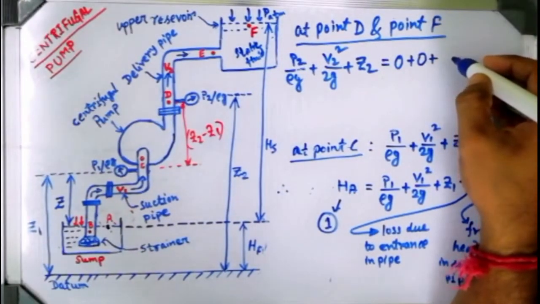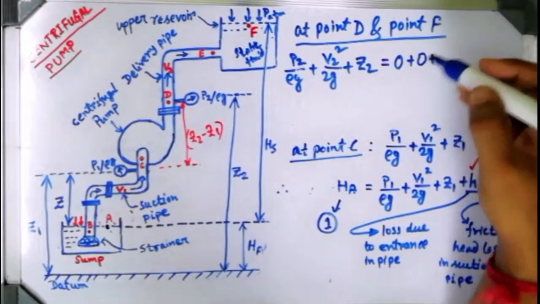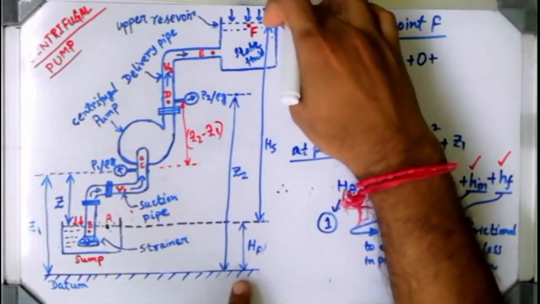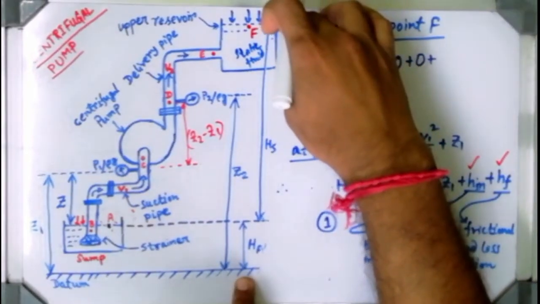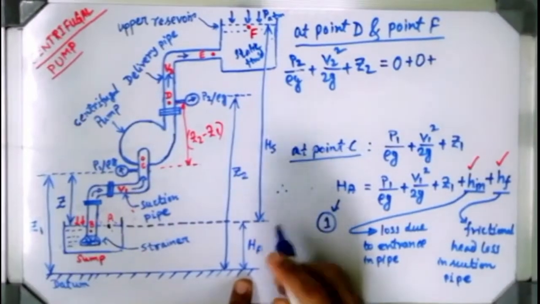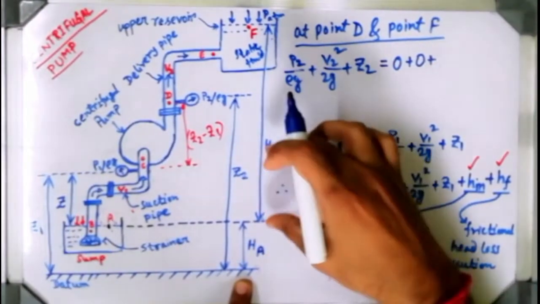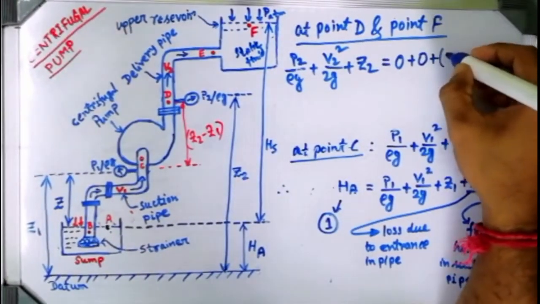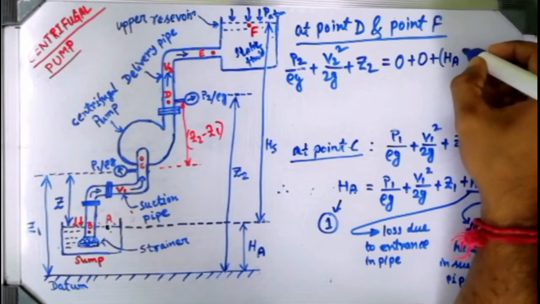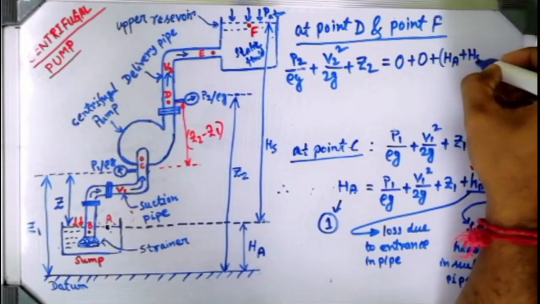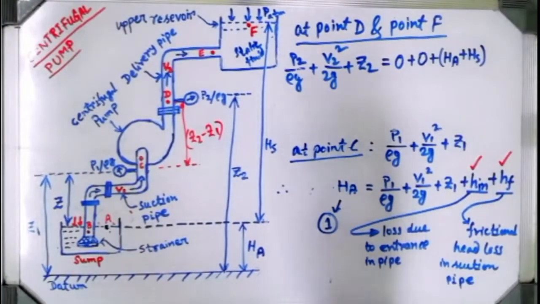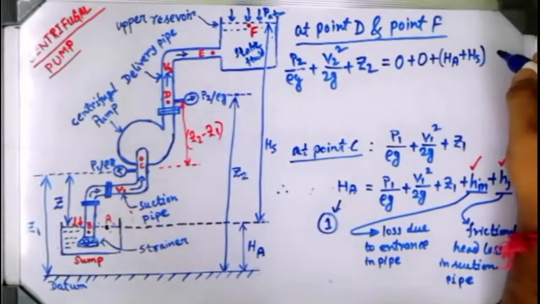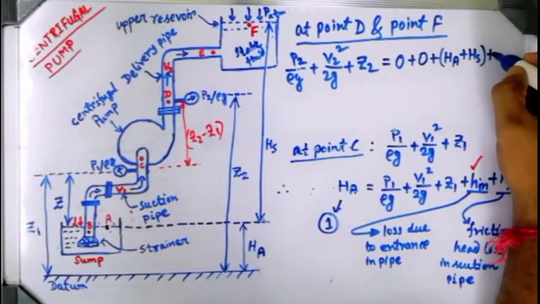Then coming to the elevation head. You can see from here to here, that is the total elevation. I am representing this elevation by HA, and from here to here, that is HS. So the total elevation I get is HA plus HS. Obviously some losses will be encountered, otherwise you cannot equalize them.